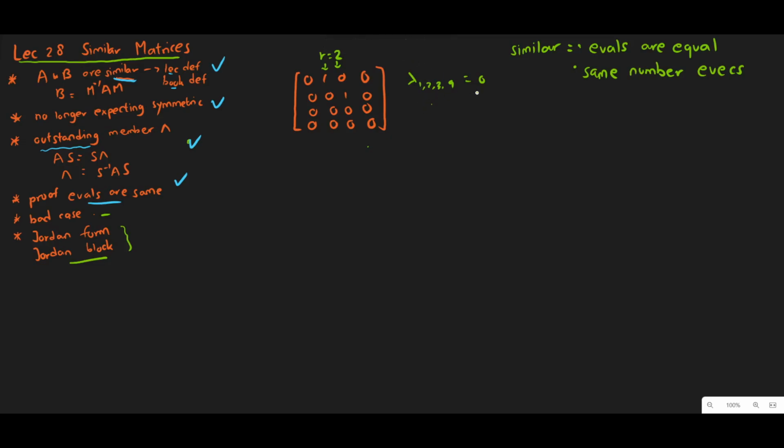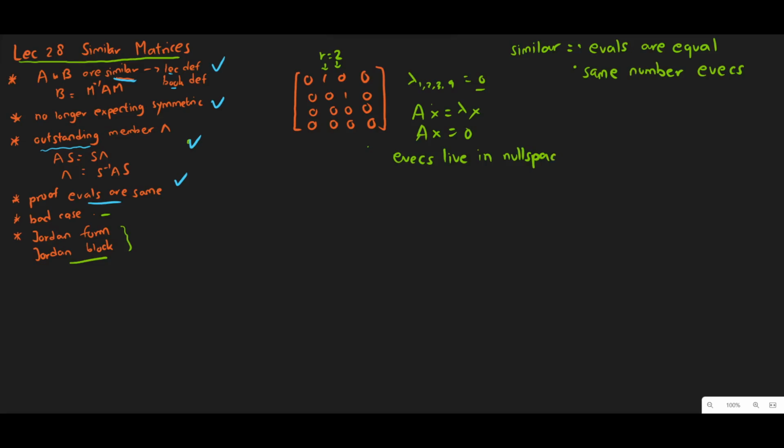Since the eigenvalues are 0, just to quickly remember, we will have lambda equals 0, then it will be Ax equals 0. So the eigenvectors live in the null space.